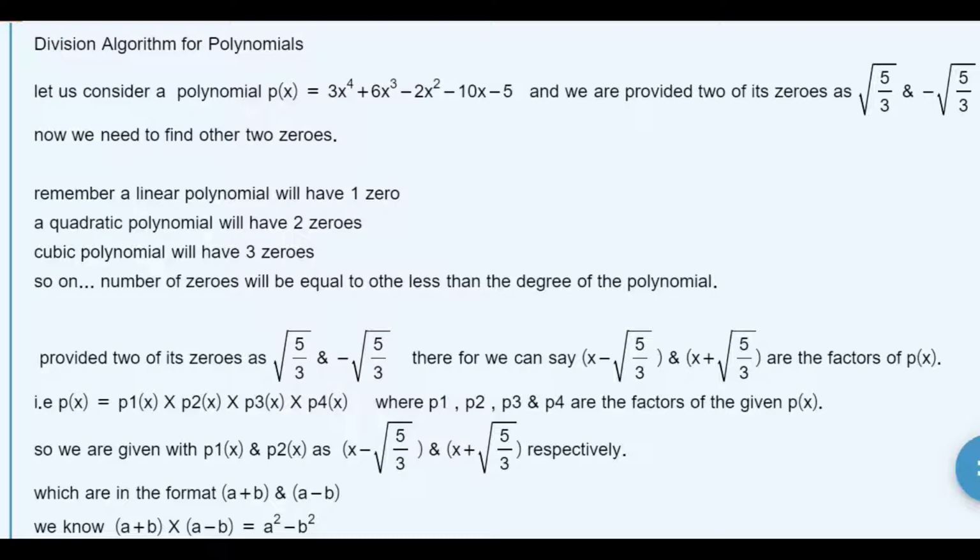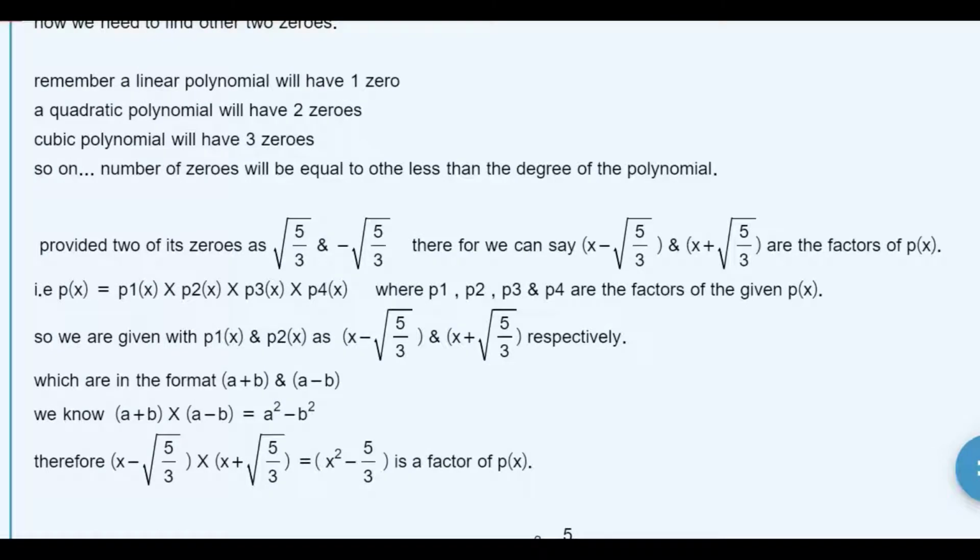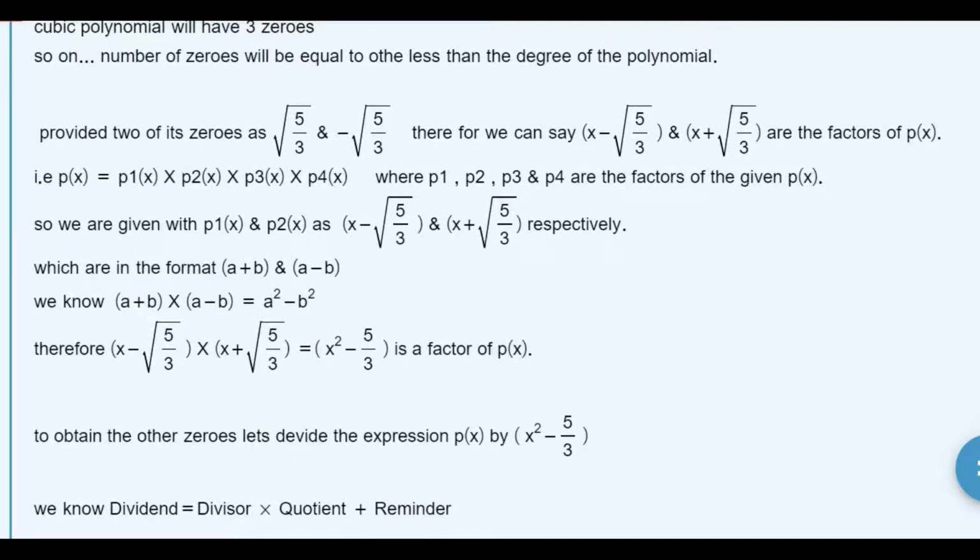The maximum number of zeros a polynomial can have is equal to the degree of the polynomial. So here we are given an expression having a degree 4. So this expression might have 4 zeros or less than that. Maximum it can have 4 zeros. 2 are already given. We need to find the other zeros.